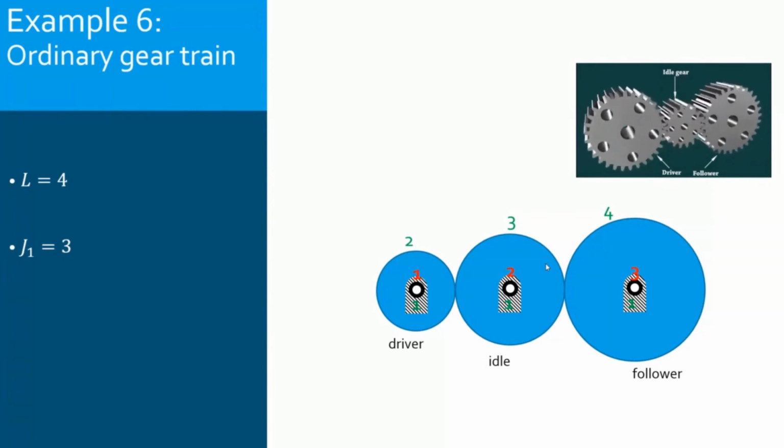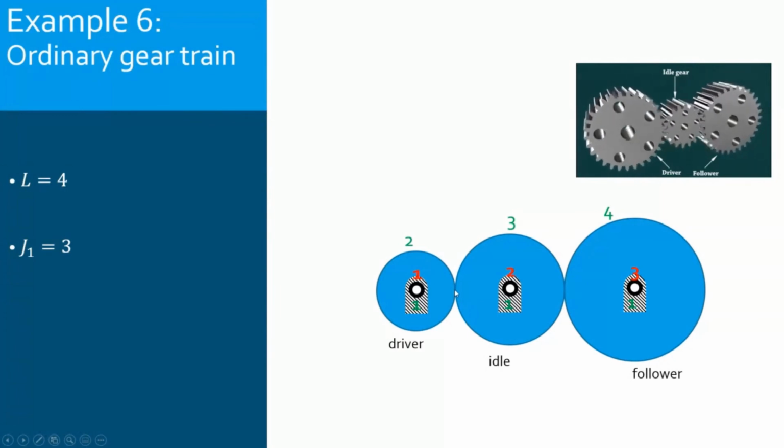Now, the higher pairs are the number of contacts between the gears. Actually, the pairs are the connections. So I have a connection between 1 and 2, between the 2 gears, and this is one higher pair.